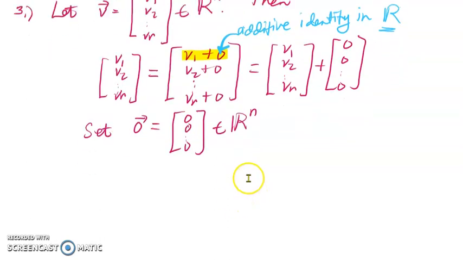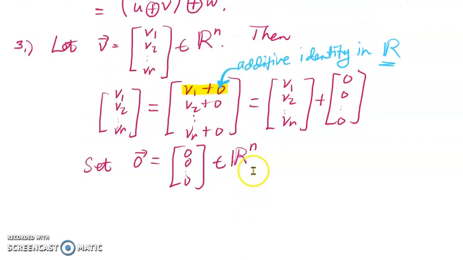So we found a 0 in R. So what is the property of that 0 in R? On the left side, we can write this one as the vector v, and this is equal to the vector v plus 0. So this is just equal to the vector v, plus, vector addition, the 0 vector.